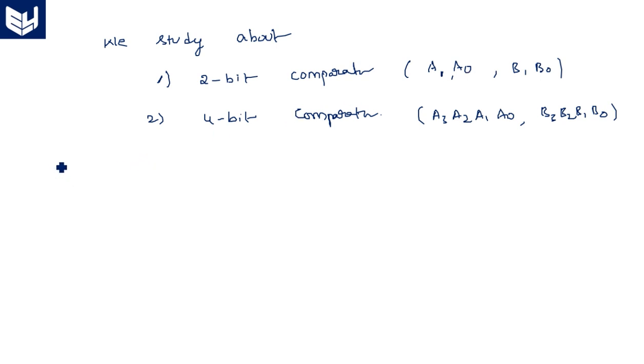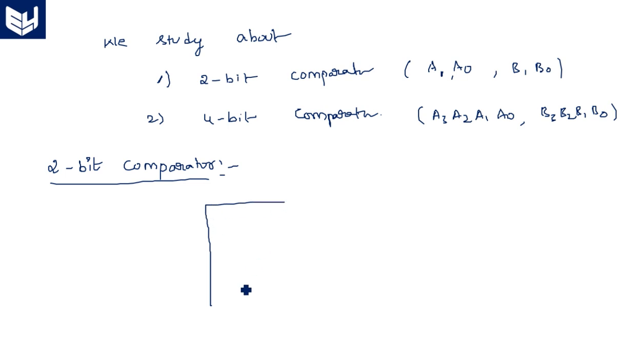Okay, so let us start with the first one, the 2-bit comparator. As I said, the 2-bit comparator has 2 bits in A as well as 2 bits in B. So these are A0, B0, A1, B1.